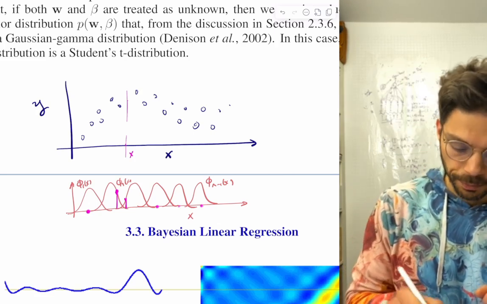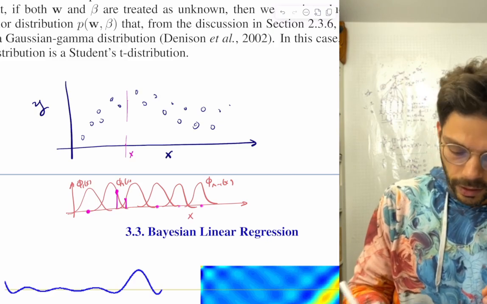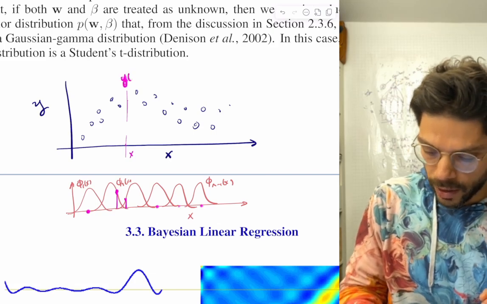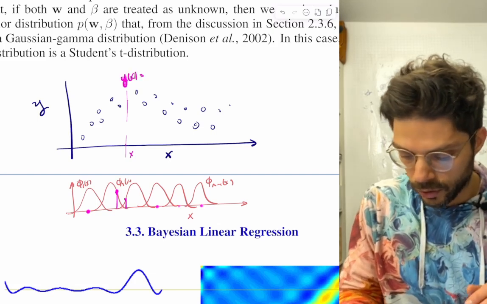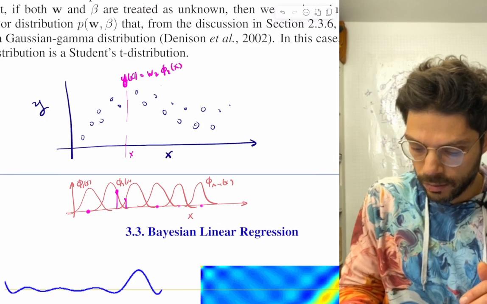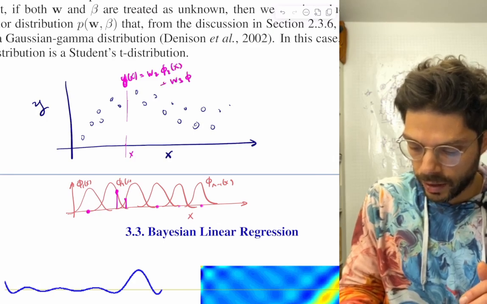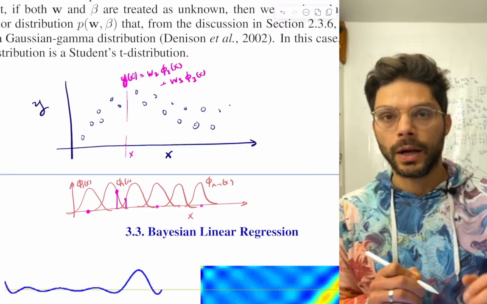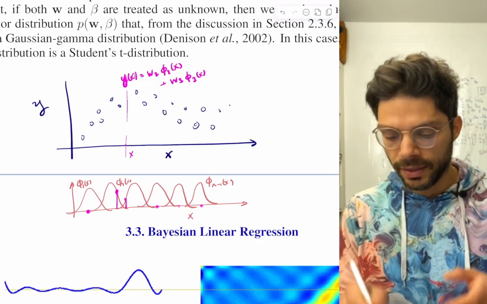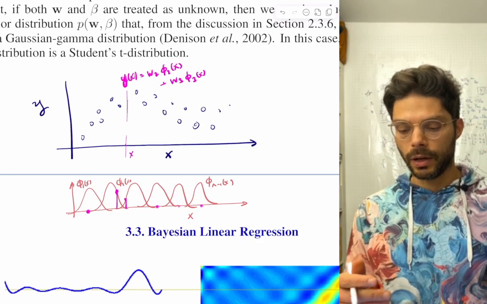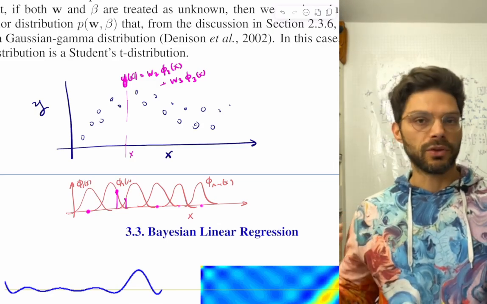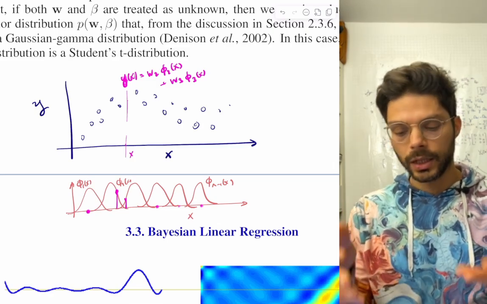So y of x is going to equal w2 times phi 2 of x plus w3 times phi 3 of x, and the rest you would weight too, but their values are 0. That's how we would do it: we map our input into our features, and then use the linear combination that we've learned from all the data to compute that.